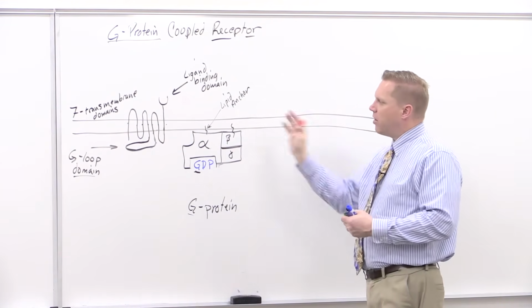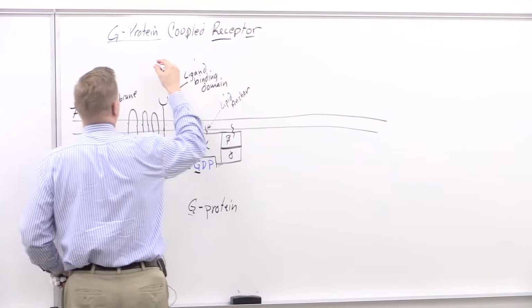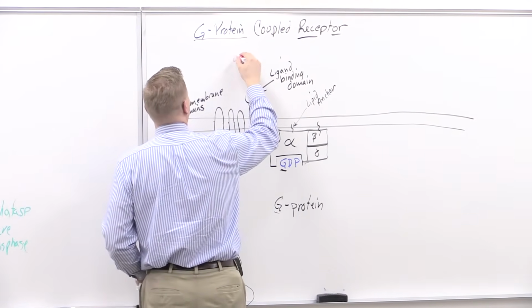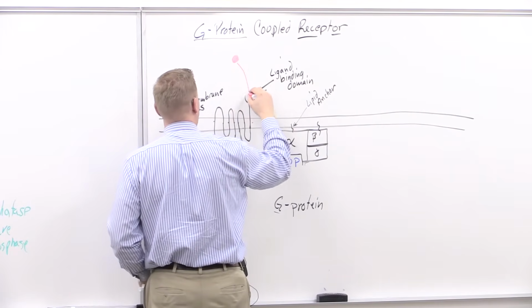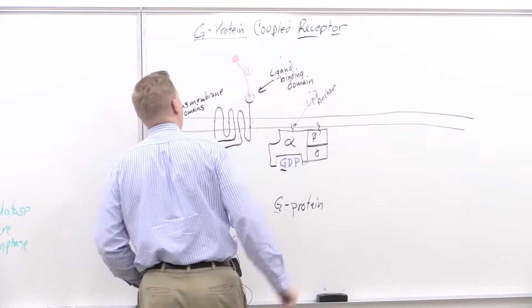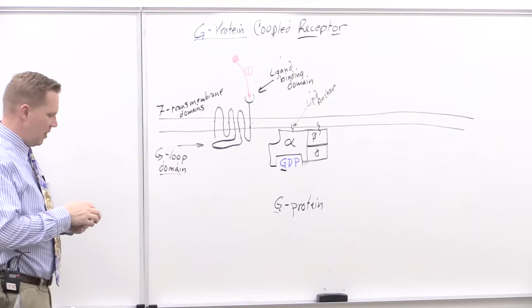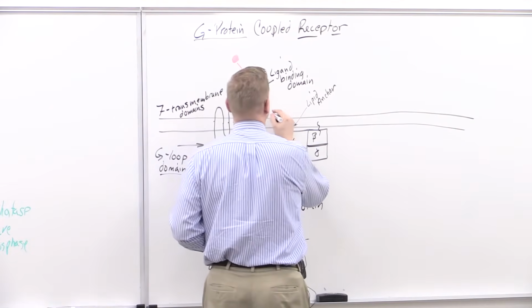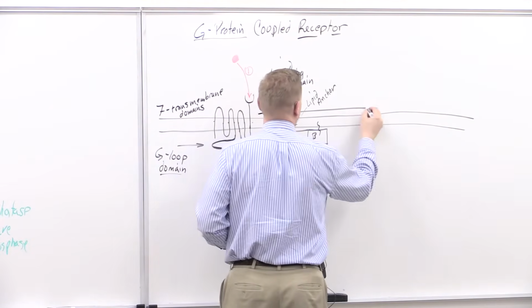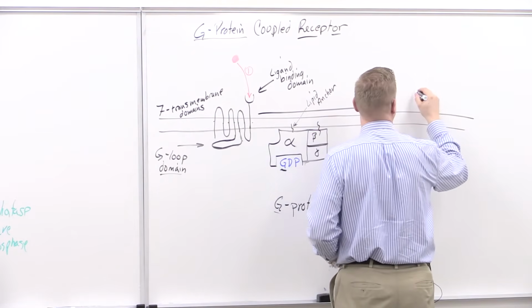So now that we've got those two players straightened out, let's go over our pathway. The first thing that happens, again, is we're going to have some kind of ligand bind to the receptor itself. In this case, the receptor then undergoes a conformational shift. So I'm going to draw an arrow way over here and redraw my receptor.